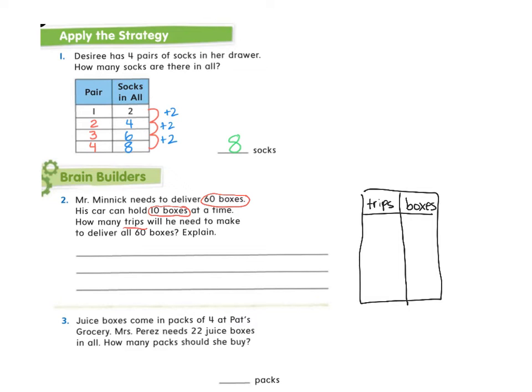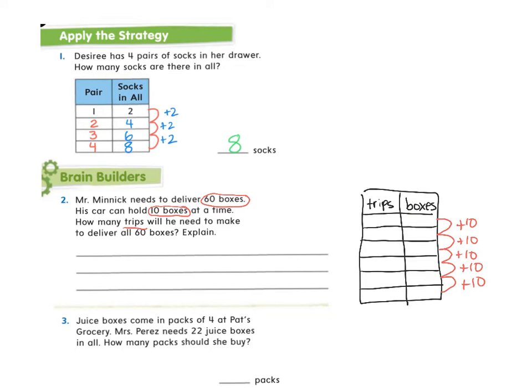If it's 10 boxes at a time, guess what? We are going to be counting by tens. That's what that tells me, all right? So if I look down here, it should go plus 10, plus 10, plus 10, plus 10, plus 10. Okay, so every time I take a trip, I'm adding 10 boxes.